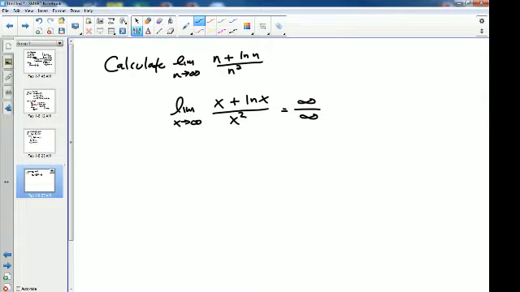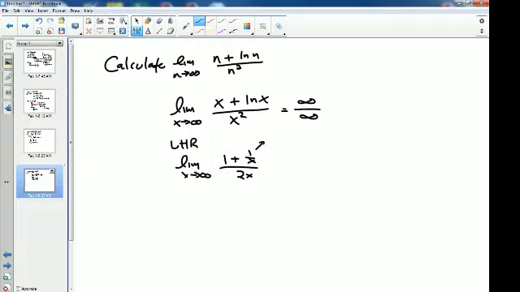Let's try L'Hopital's rule. One over x plus... 1 over x, over 2x, right? Now we can start plugging numbers. What does this go to here?